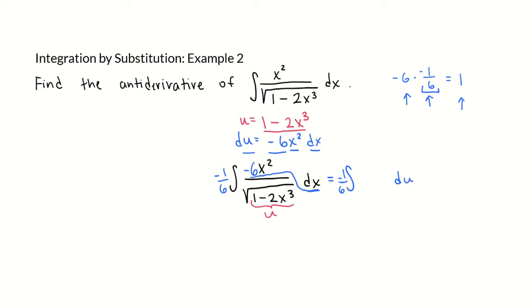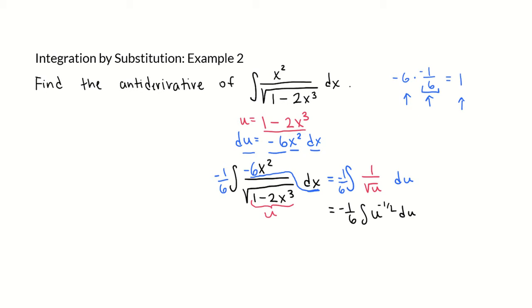And then we have 1 over the square root of u. And this is something that we will be able to integrate because now we just have one function within the integral. So now we have negative 1/6 integral of u to the negative 1/2 du.